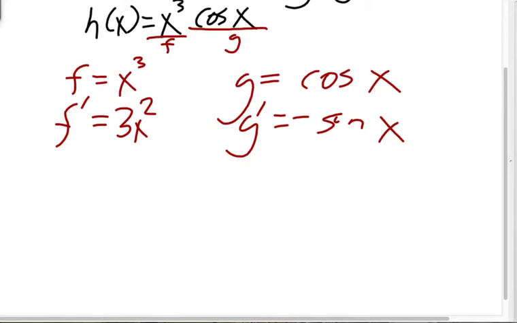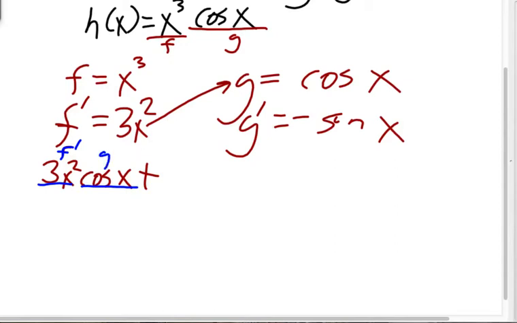All right, now what I know is, for my product rule, I've got f prime times g. So that is this cross product right here. So I write that down. I'm going to have 3x squared times cosine of x plus, that's my f prime here, and this is g.